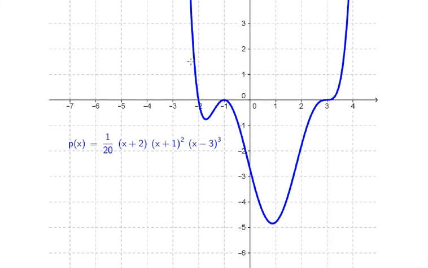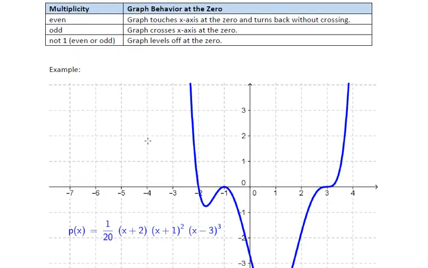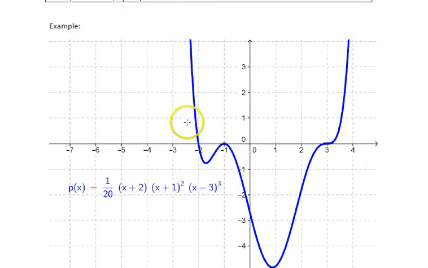Looking at this example here, we have three linear factors. This first one, which has a 0 at -2, has a multiplicity of 1. It just appears one time. And it's odd, so it crosses the x-axis at the 0. And we see that it crosses over right there.